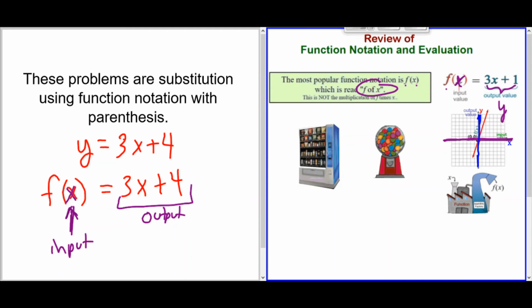When I think of functions, you can think of it as like a vending machine or a gumball machine. If you've ever used either one of those, you kind of already know what a function is. So remember, in a vending machine, you put your money into the machine. This is your input.